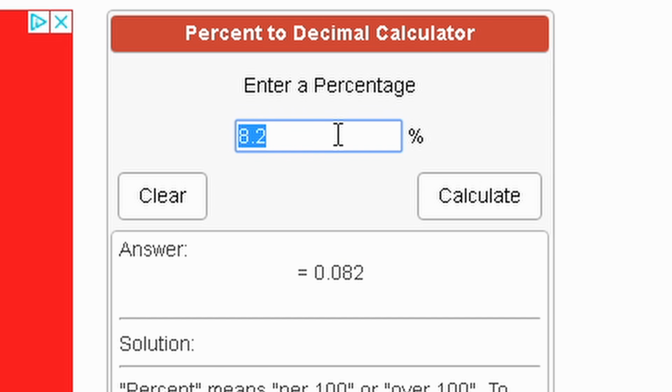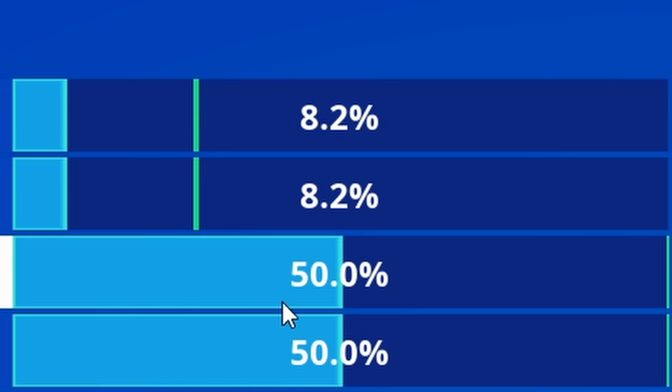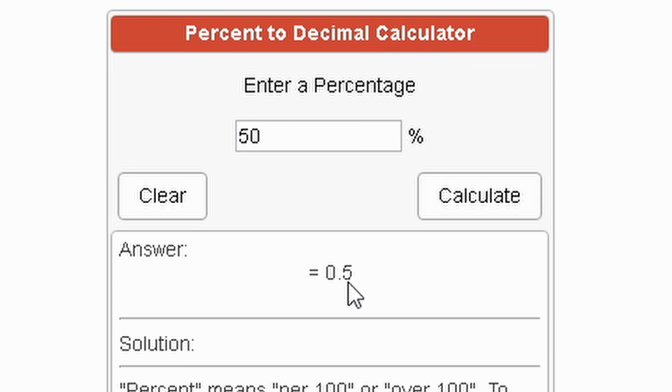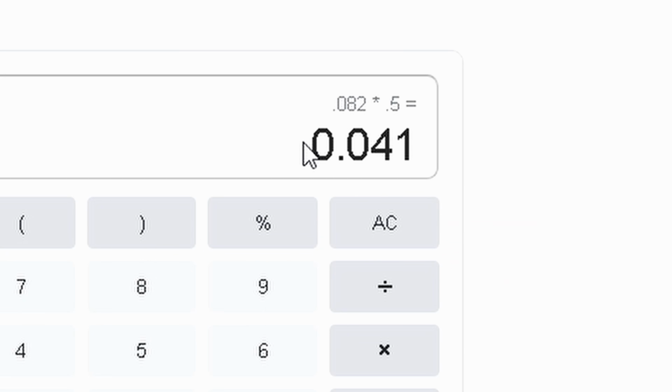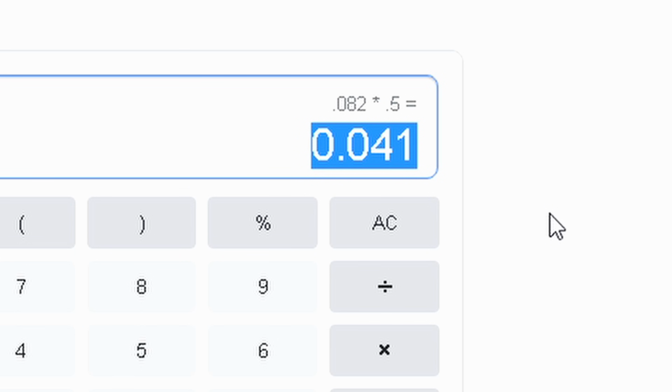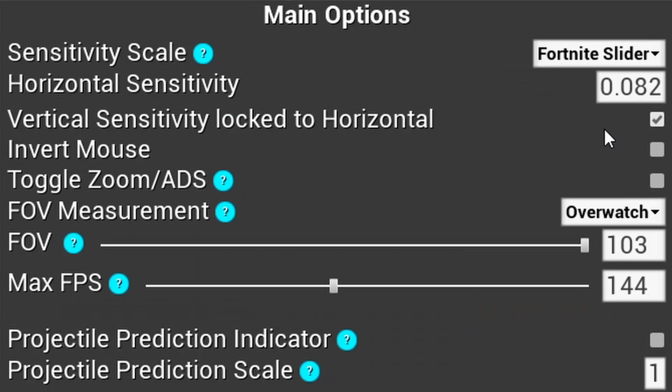Then my targeting sensitivity from Fortnite was 50%. Calculate that, it's 0.5. So now I know those two in decimal form, and I have to multiply them to get my ADS sensitivity, and I get 0.041. Then I can copy that, go back into Kovaaks, and put that in my horizontal sensitivity.